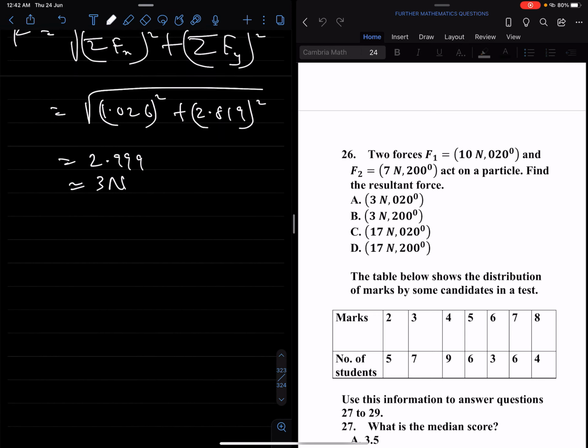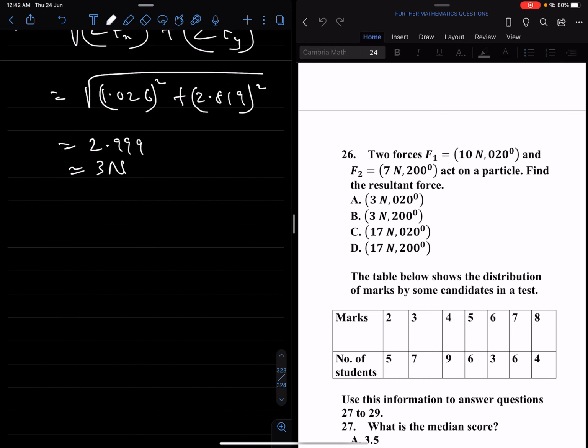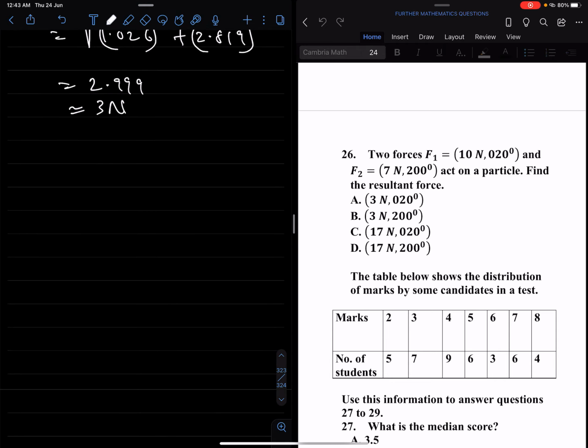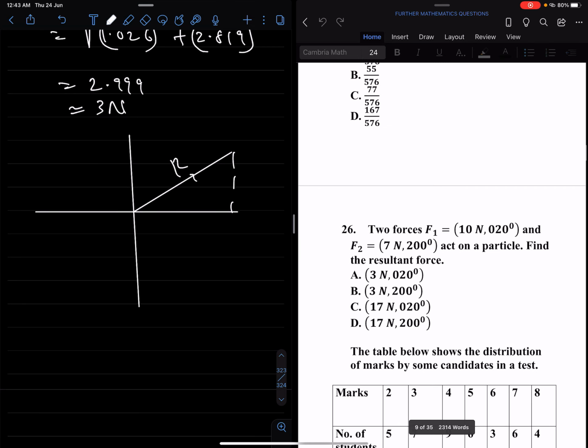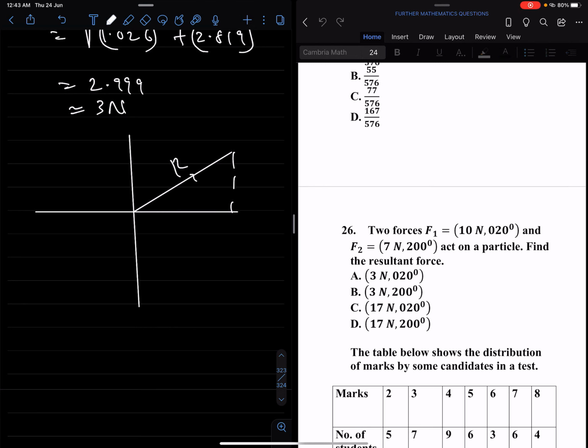Now we need to find the direction of the resultant. This is the resultant, but we need to find its direction. So let me have a simple sketch here. If this is the resultant R, this is going to be its vertical component, while this is its horizontal component.